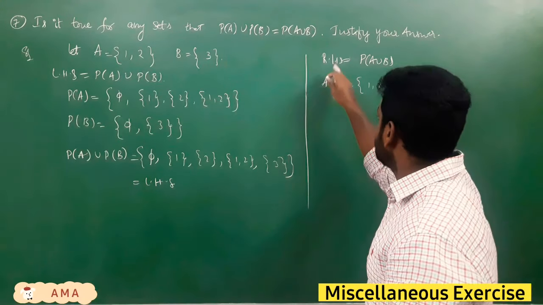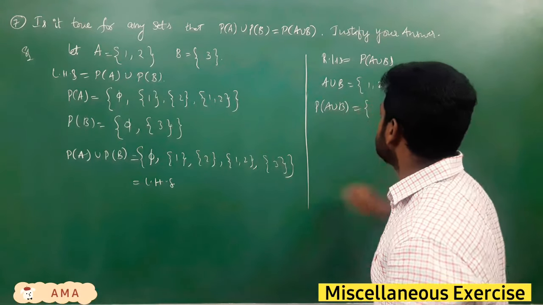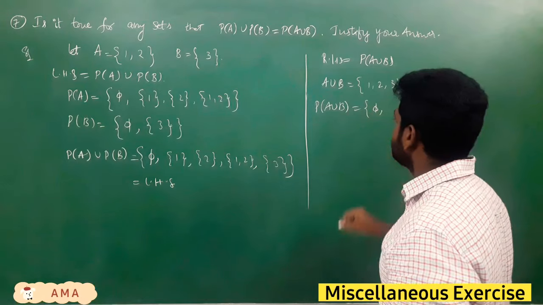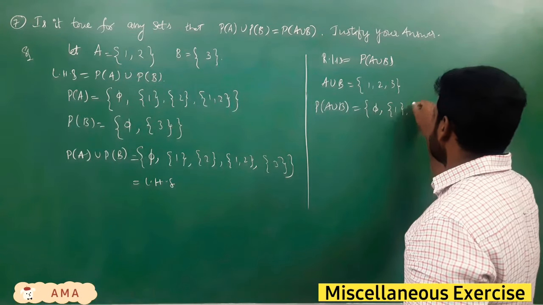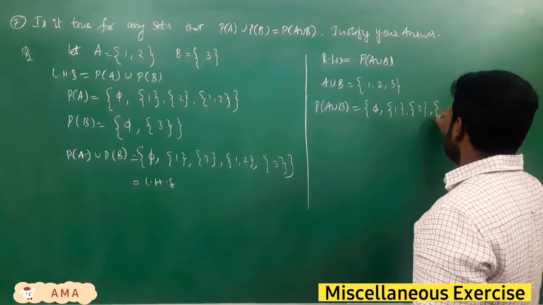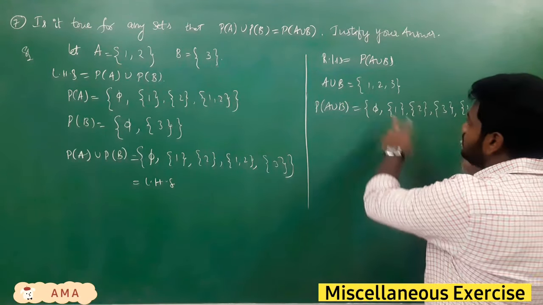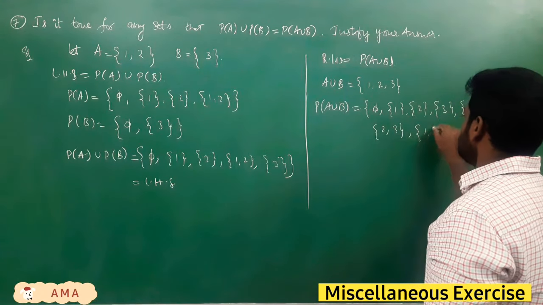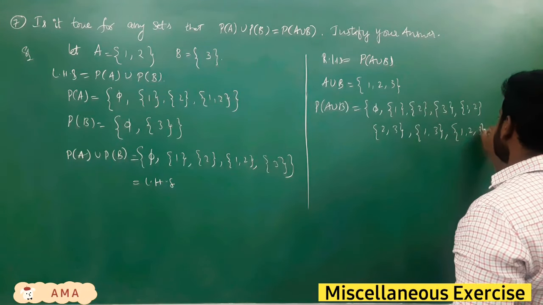Now for this P of A union B, nothing but collection of all subsets of A union B. First one as usual empty set, next one single sets, nothing but set 1, set 2, set 3, then 2 elements, set 1 comma 2, set 2 comma 3, set 1 comma 3, finally set 1 comma 2 comma 3.